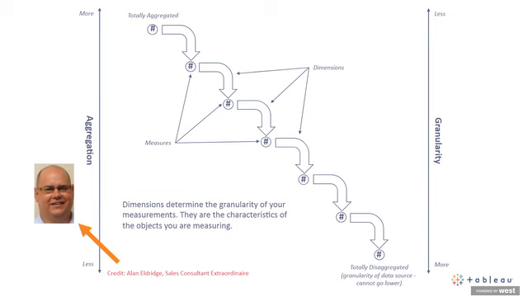And at the very bottom, we get to the totally disaggregated data. This is the granularity of my data source: one number for every row in my data. You can't go any lower than that, right? Once I get to every row in my data, I can't get any finer detail.